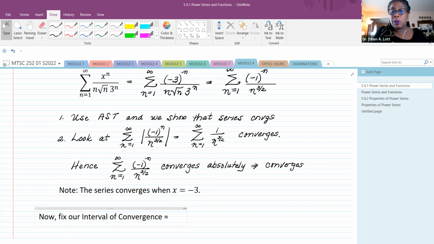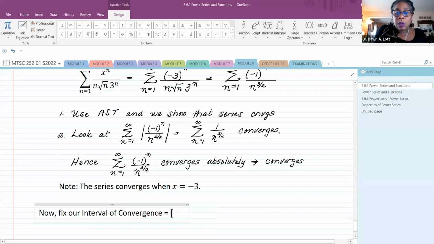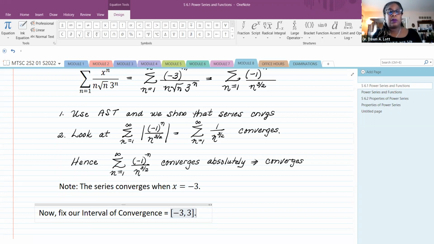It's going to include -3 and 3. Note now the interval of convergence includes -3 and 3. Okay, any questions?